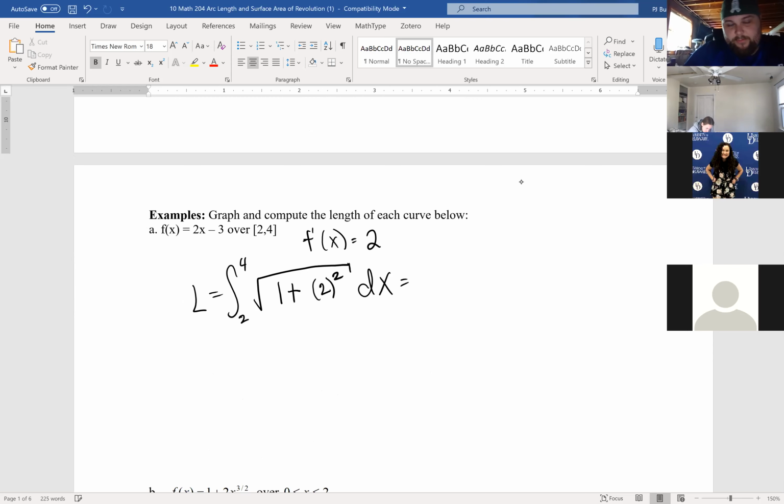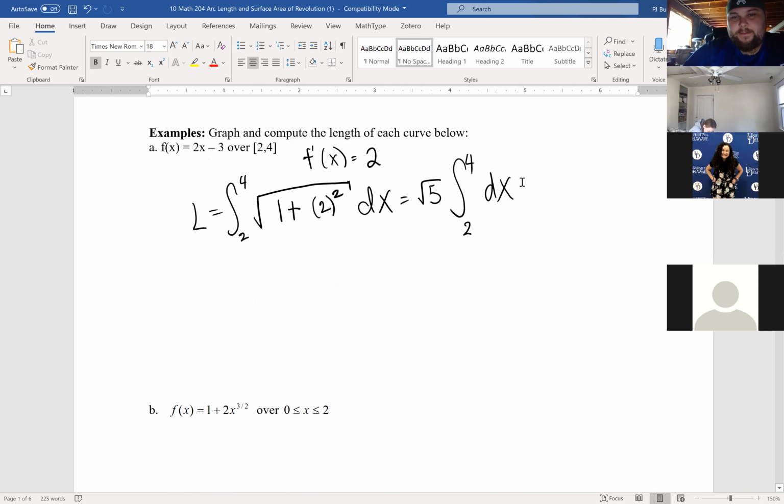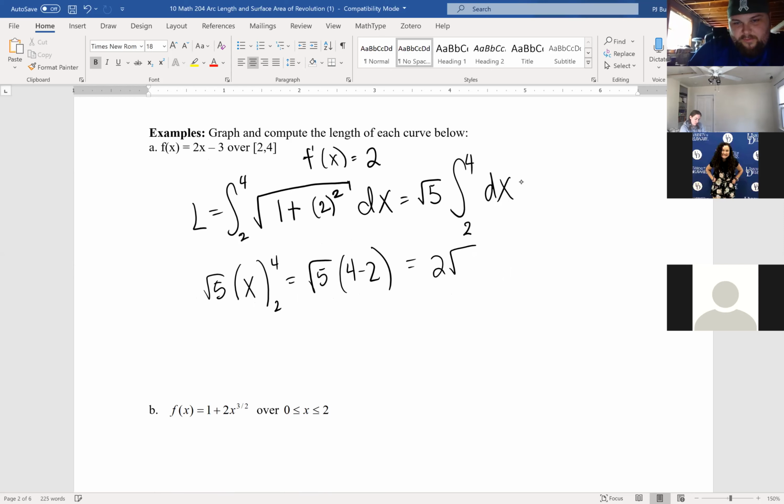Well, that's easy. The square root of 1 plus 2 squared is the square root of 5. And the square root of 5 is a constant, so I can pull it out in front. Then I just have the integral of dx, which is just x, from 2 to 4. Just plug in, and we end up with 2 root 5.